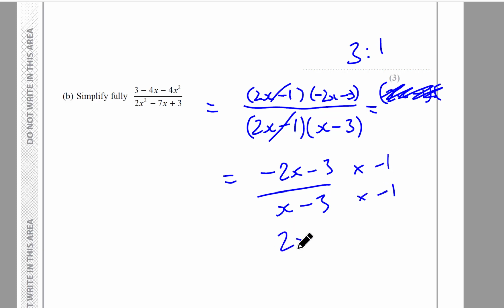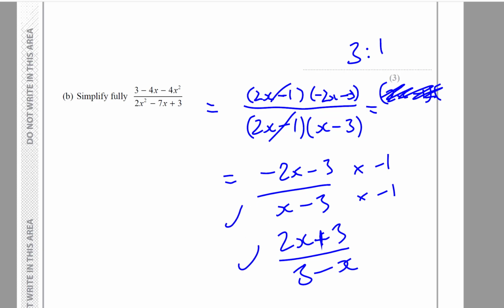So that will change to 2x plus 3 over, sorry, that should be a plus 3, over, so that's going to be 3 times minus 1 is minus 3, x times minus 1, 3 minus x. Technically they should give you the mark for that, it's all equivalent, so that's fine.